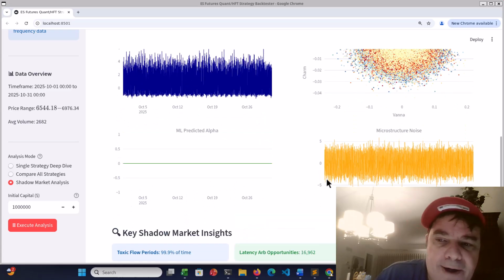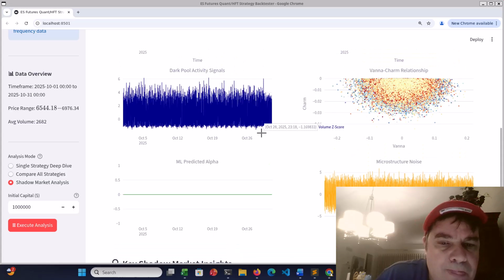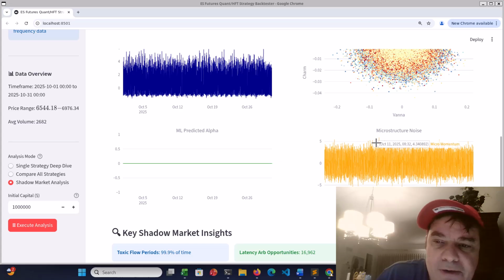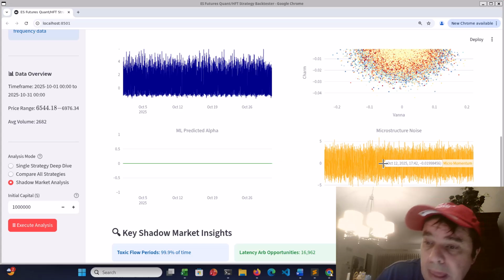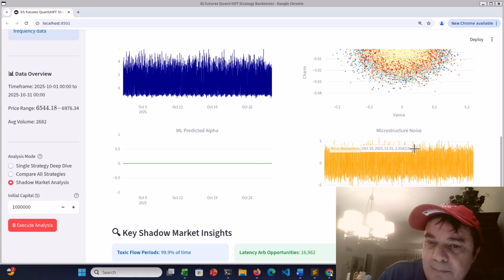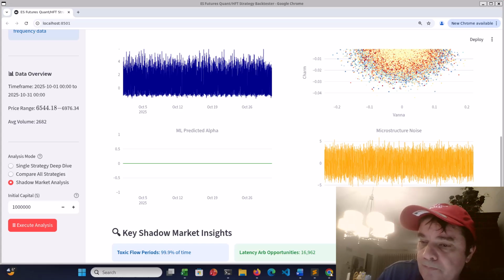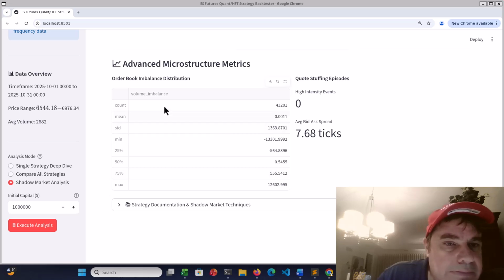And here we have the Vanna-Charm relationship. ML predicted we can't do. Microstructure noise. Okay. All along there, these different data points. And here we have the key shadow stats.